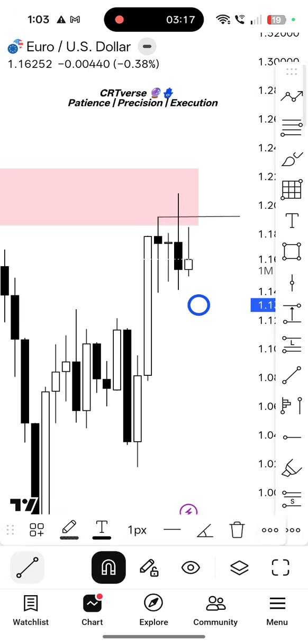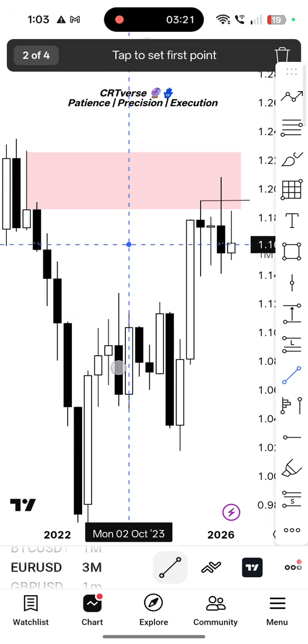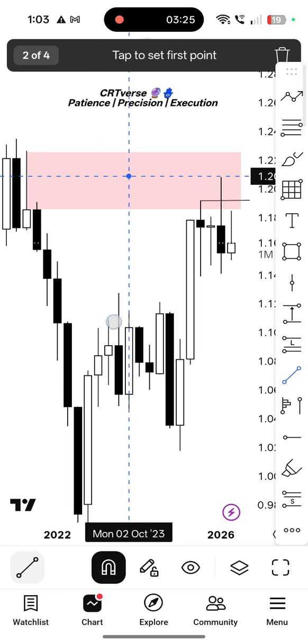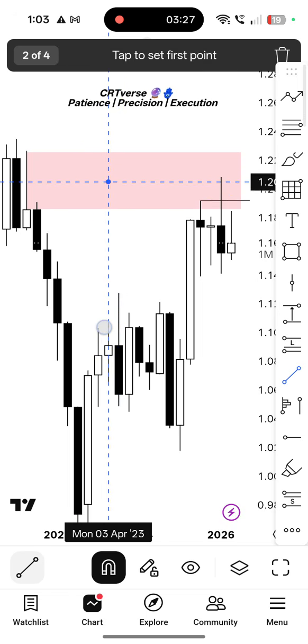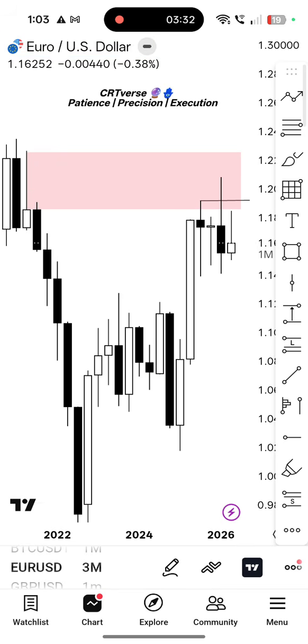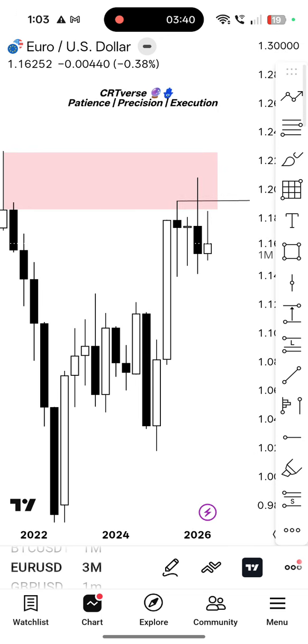We have to make sure whether the price cleared all the liquidity pools inside this key level or not, because a liquidity pool is a must, right? You can mark any random order blocks or rejection blocks, fair value gaps, whatever, etc. But you have to make sure that the liquidity pool which is present inside the key level must be taken.